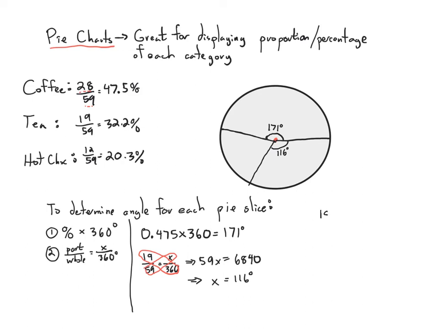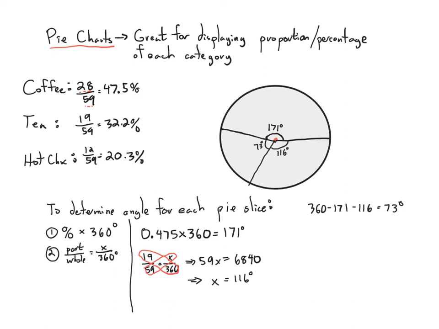So it's going to be 360 minus the 171, so that's 189, minus the 116, that is 89 minus 16, so that's 79 minus 6, so that is 73. So this here should be 73 degrees.